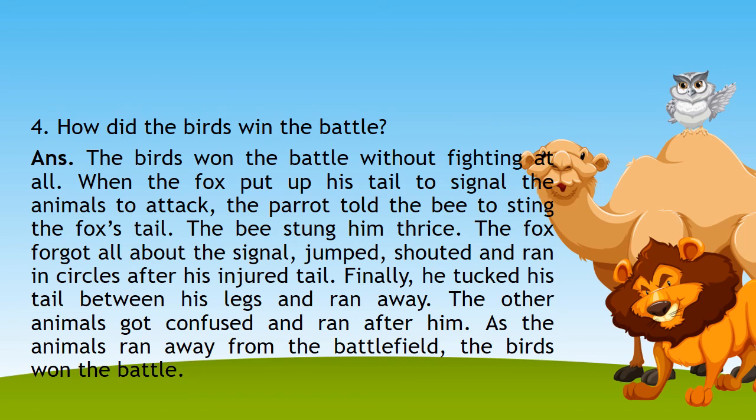The fox forgot all about the signal, jumped, shouted, and ran in circles after his injured tail. Finally, he tucked his tail between his legs and ran away. The other animals got confused and ran after him. As the animals ran away from the battlefield, the birds won the battle.